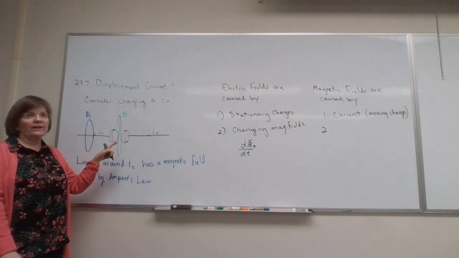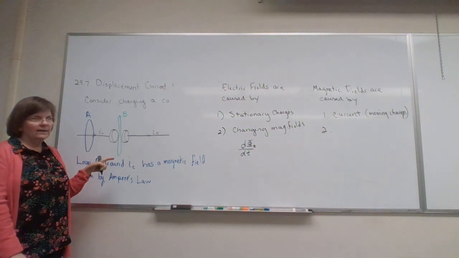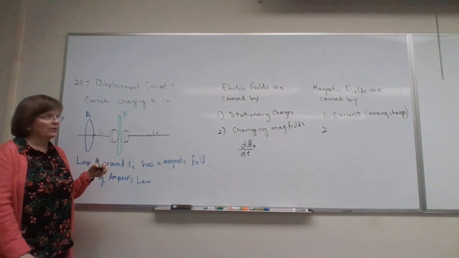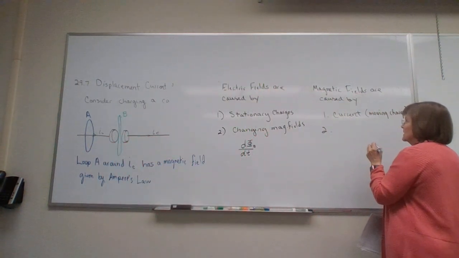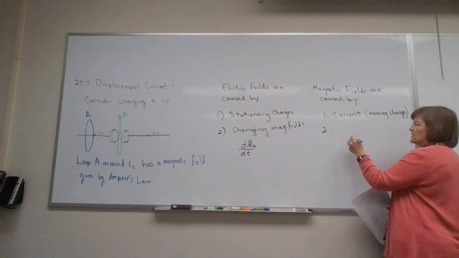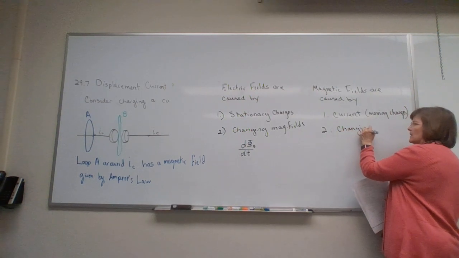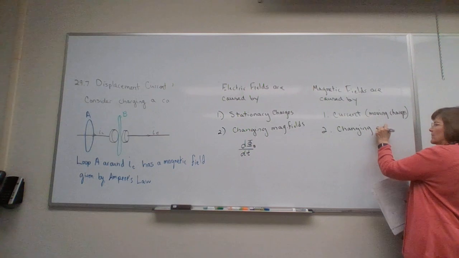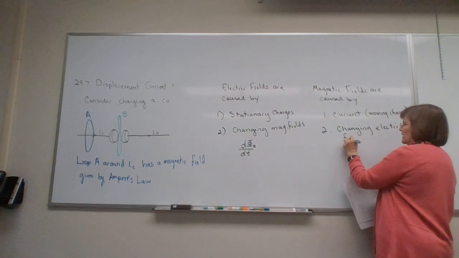And it's a changing electric field, right? As the charges increase, the electric field is going to get stronger and stronger. So the obvious answer is we must be able to make a magnetic field that's caused by changing electric fields. That's that symmetry.